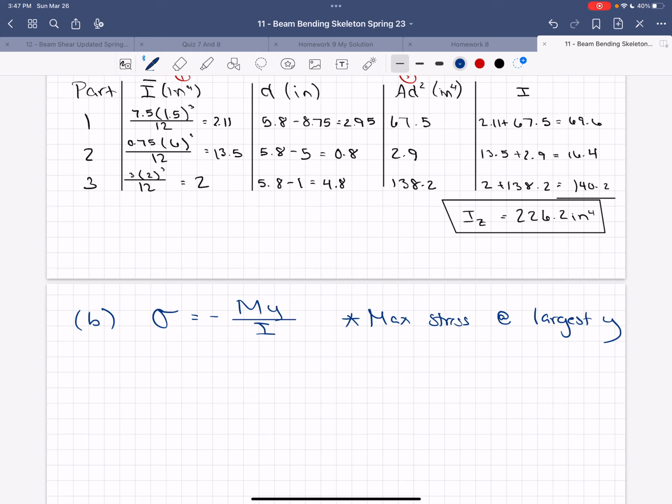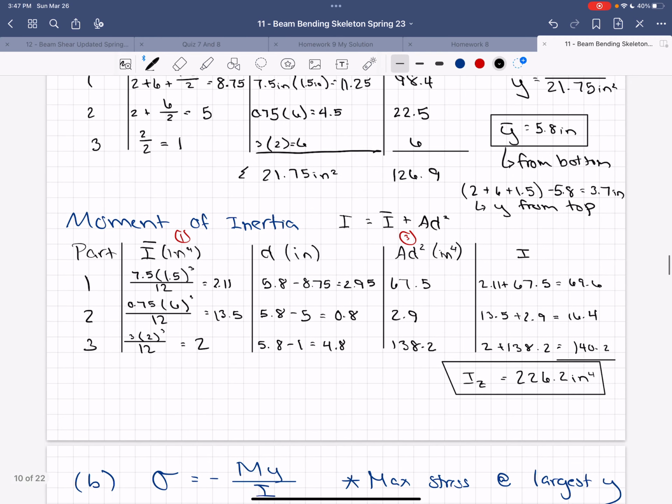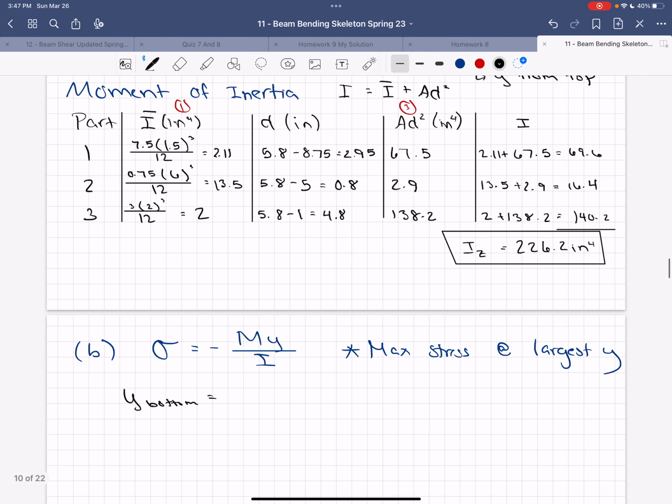So we're going to use y bottom equals 5.8 inches. It is negative because it's below the neutral axis. Okay, so then we just plug in everything we know.